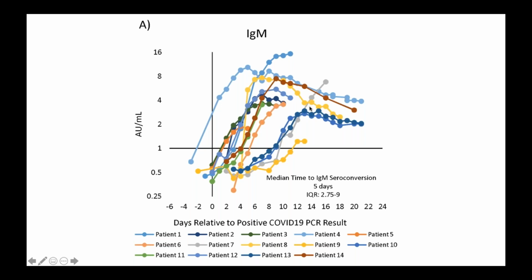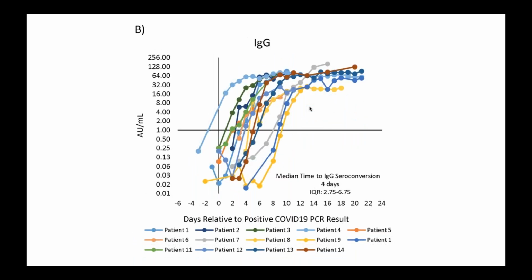So again, a lot of variability, especially when it comes to IgM. IgG was a little bit more consistent, but as far as the time course, there was still some significant variability within that first week or so, where some didn't start to increase their IgG production until after a number of days.